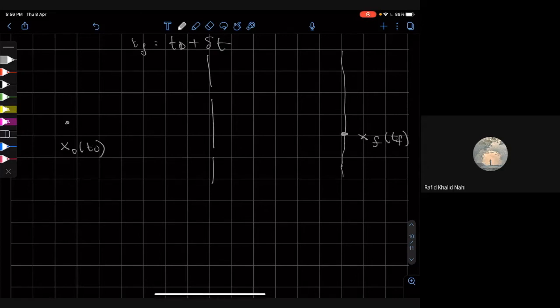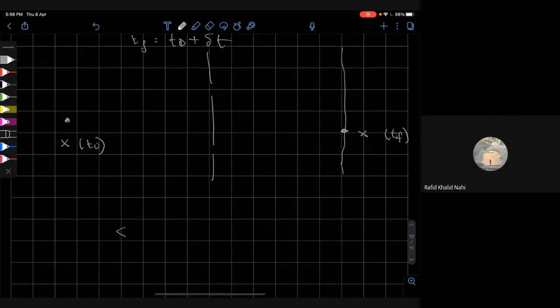Sorry, it's a redundant notation, but what quantum mechanics tells you is the probability that the particle starting here will end up here, and that amplitude is called <x_f, t_f | x_0, t_0>. Now, what Feynman showed was that the square of this amplitude will give you the probability.